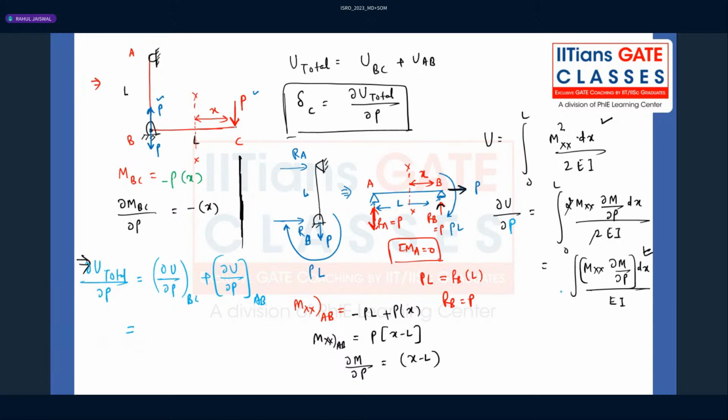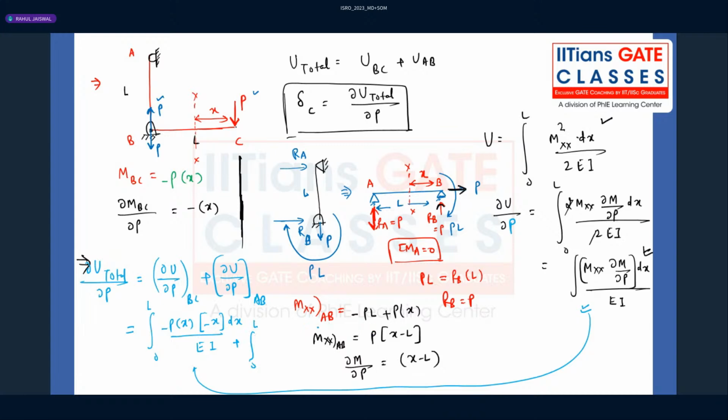Dou U by dou P of BC member is what? Here we have already written the formula for the load. From 0 to L, in the BC member, MXX is minus P into X, and dou M by dou P is minus X, into dx divided by EI, plus 0 to L in the AB member.